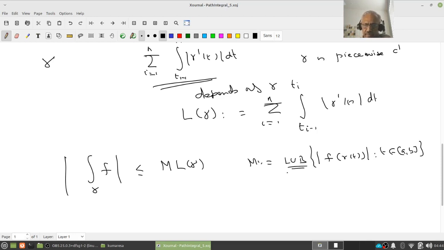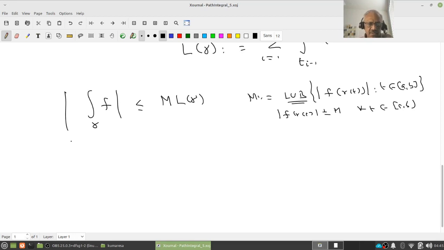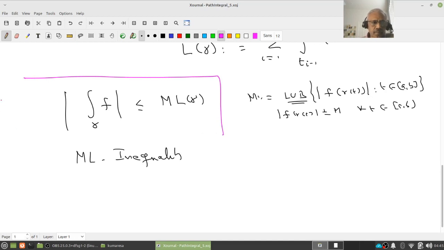M is such that modulus f of gamma t is less than or equal to M for all t in AB. Any upper bound will do, I will get an estimate. So this is the so-called ML inequality for the path integral.